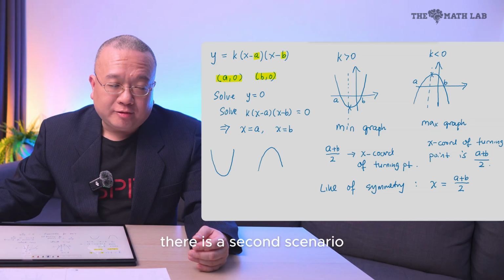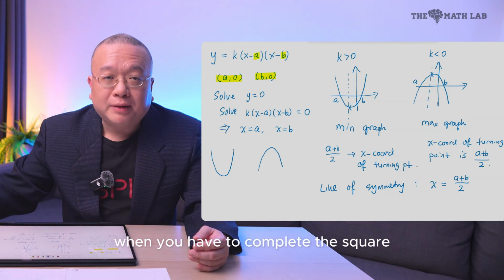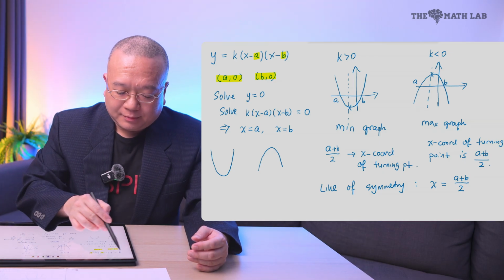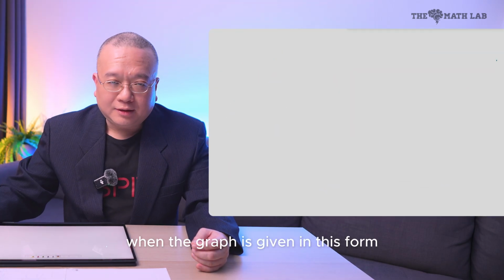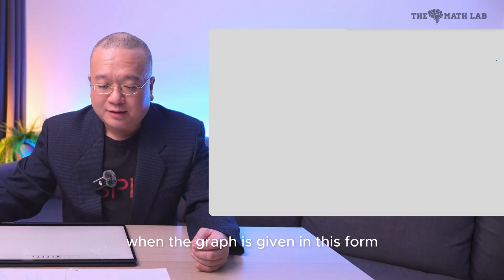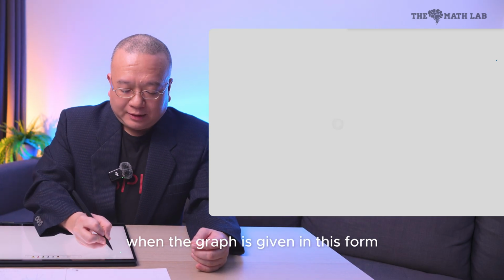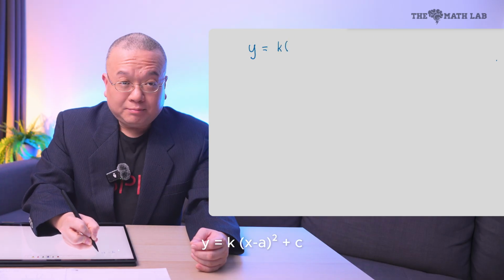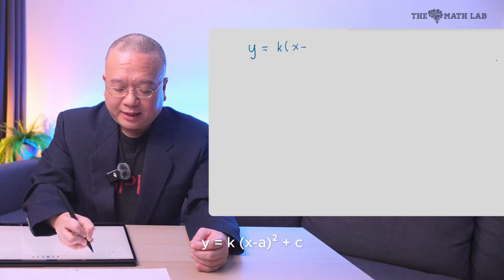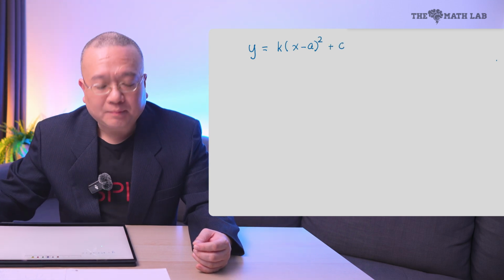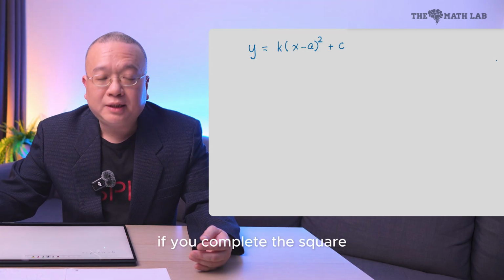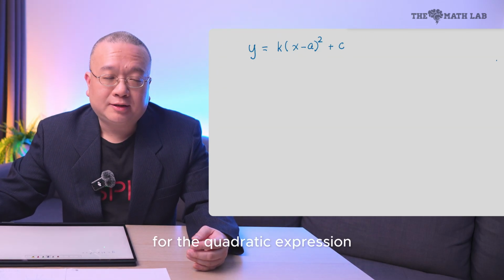There is a second scenario when you have to complete the square. Let me go through this scenario now. When the graph is given in this form, y equals k times (x minus a) squared plus c. This is the form that would be obtained if you complete the square for the quadratic expression.